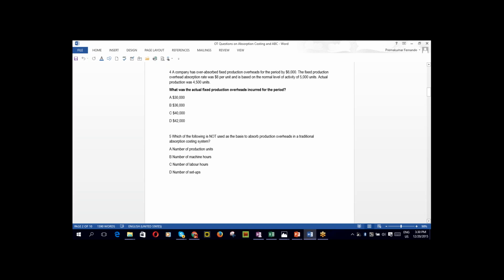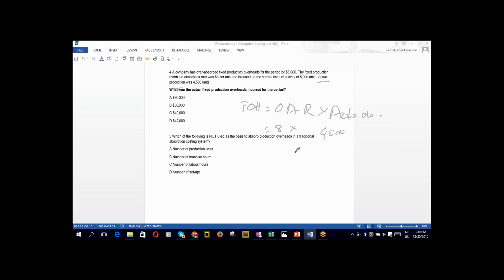So we can work out, when they produce an actual 4,500 units, what we absorb. You have to remember, total overhead absorbed is always overhead absorption rate into actual number. So the overhead absorption rate here is 8 per unit into 4,500, the actual number.